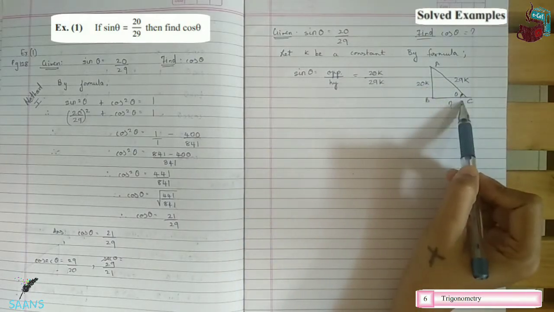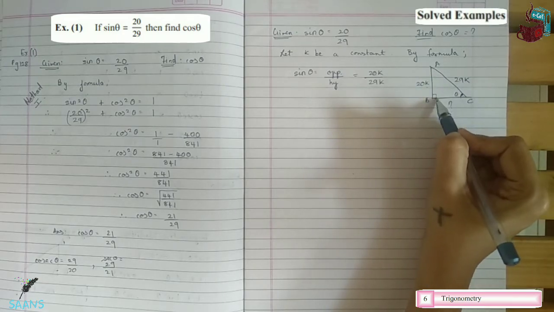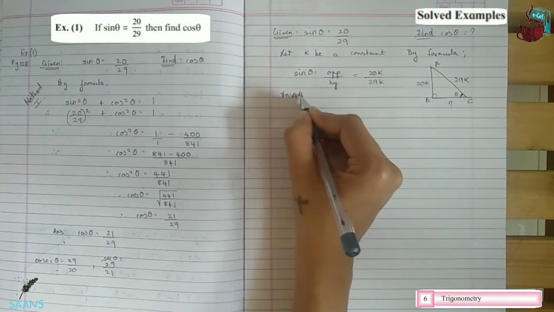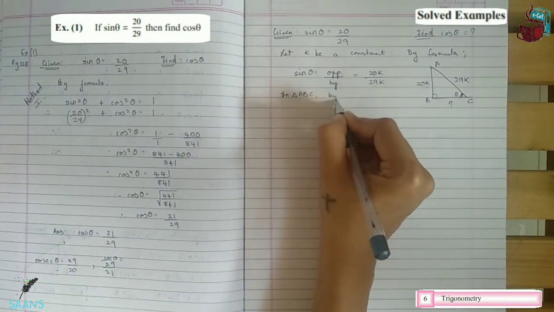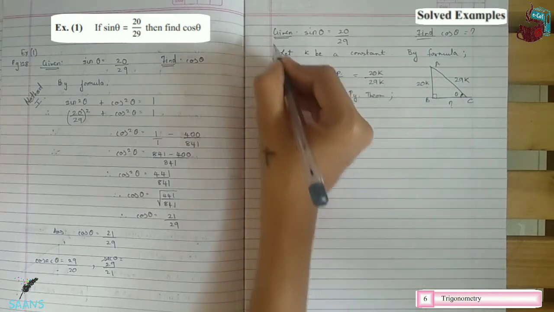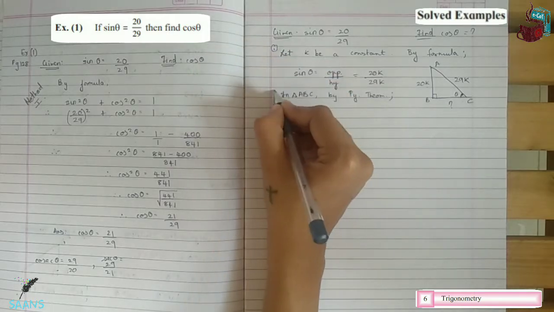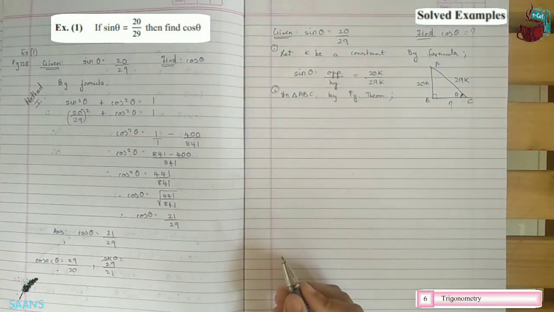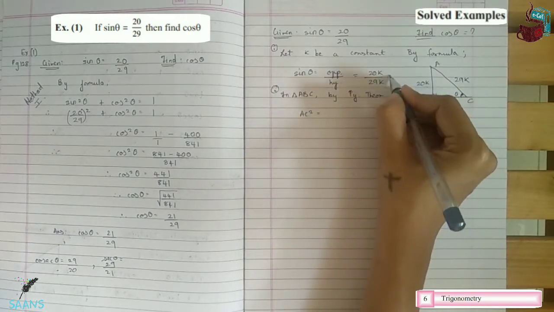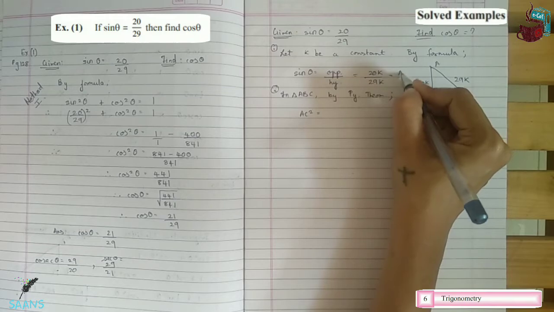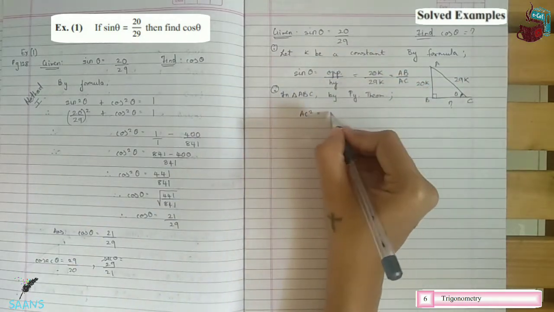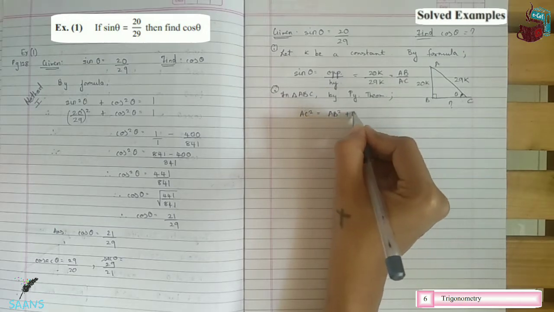Do we know BC? We do not know BC. This is a right angle triangle. So in triangle ABC, by Pythagoras theorem, which we already discussed, AC square is equal to AB square plus BC square.